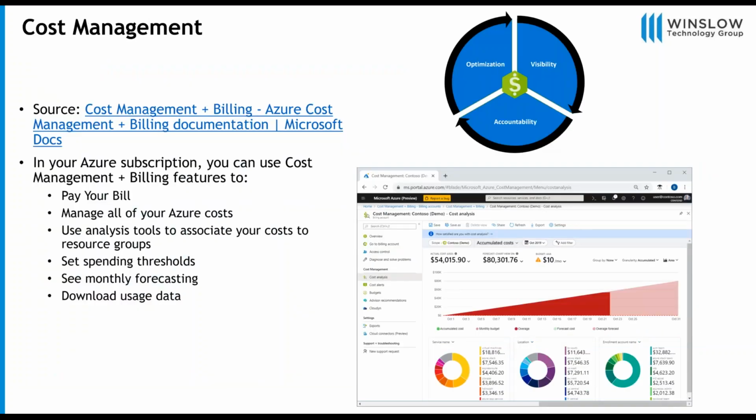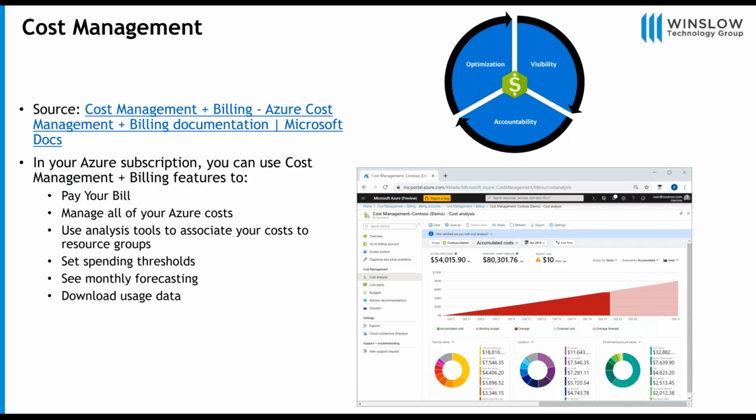One of the first areas that we'll take a look at right within your Azure tenant itself is the cost management portal. It's a great little feature that has a lot of good, powerful reporting capability. In the management portal itself, you can pay your bill from there. You can look at all of your Azure costs and slice and dice them based off of virtual machines or networking or any other services or resources that you have in there.